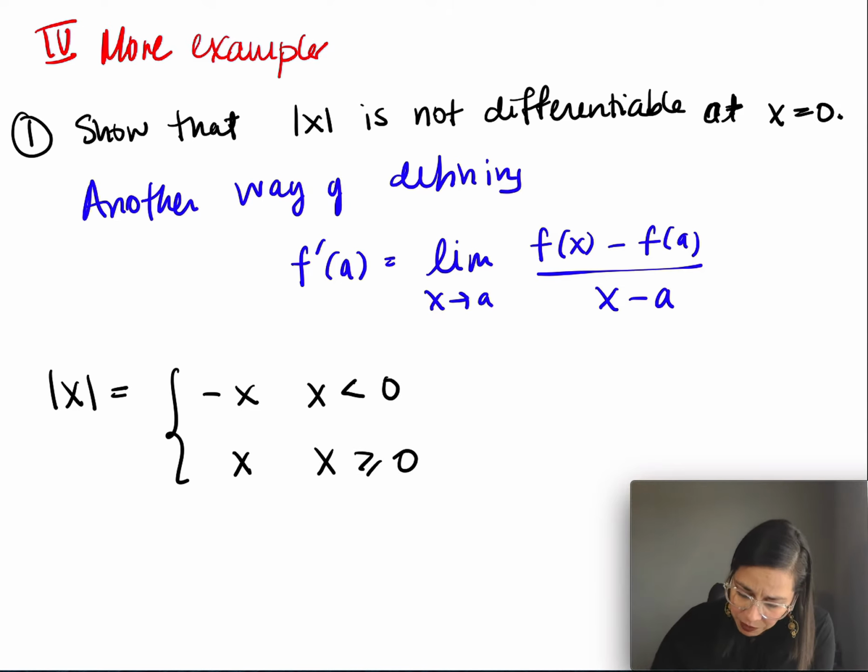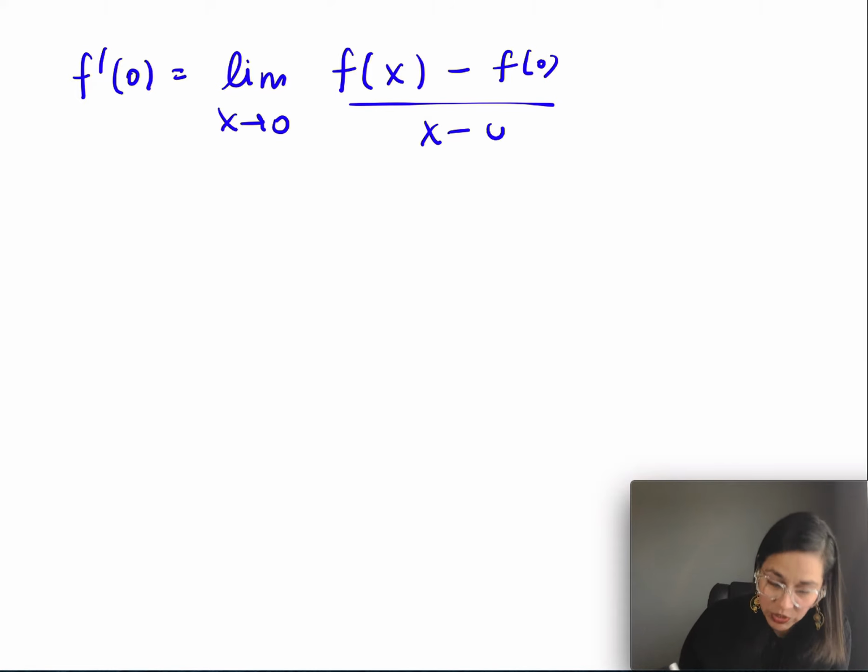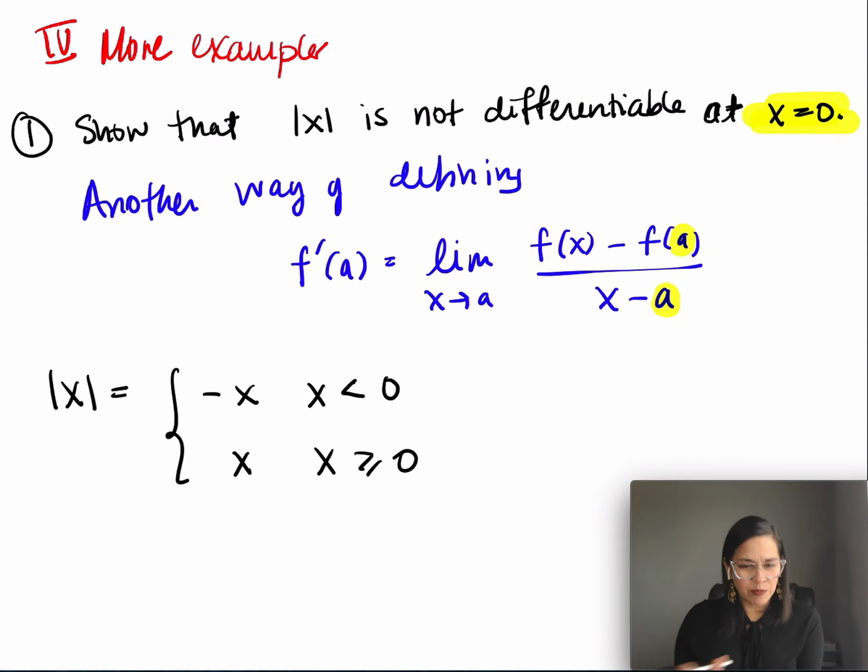So since I'm computing the derivative at x equals 0, then we know that this A will be 0 in this case, okay? So let's do it, right? Now we have f prime of 0 equal to the limit as x goes to 0 of f of x minus f of 0 all over x minus 0, okay? I've replaced my A's with zeros, okay?